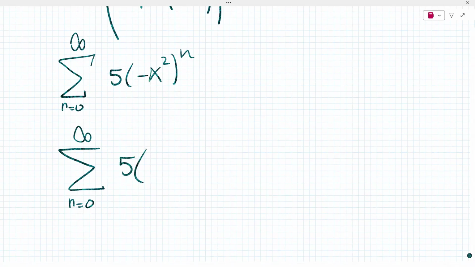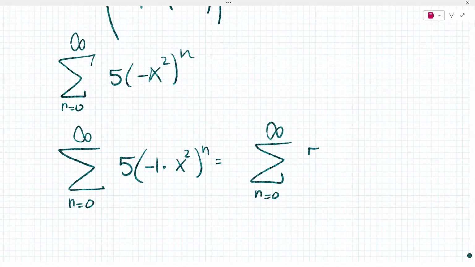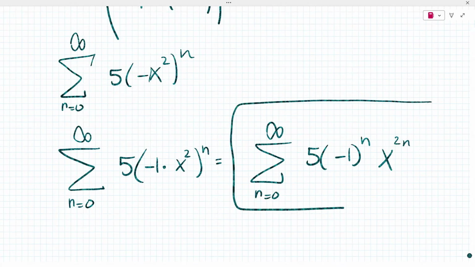And then this is like an invisible negative 1, so you can say negative 1 times x squared raised to the n. Your final answer can be expressed as the summation from n equals 0 to infinity of 5 times negative 1 raised to the n times x to the, remember when you raise a power to a power you multiply the exponents, so this would be 2n. So this is your final answer.